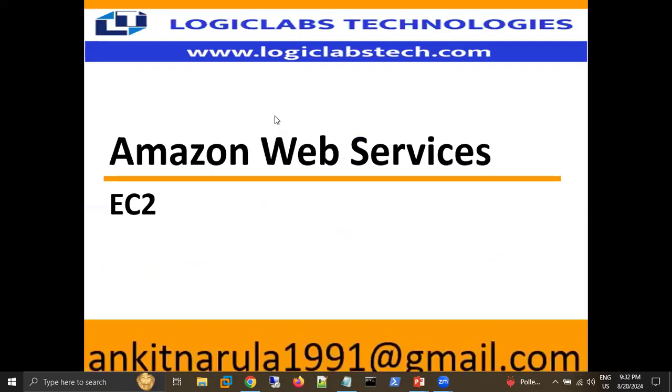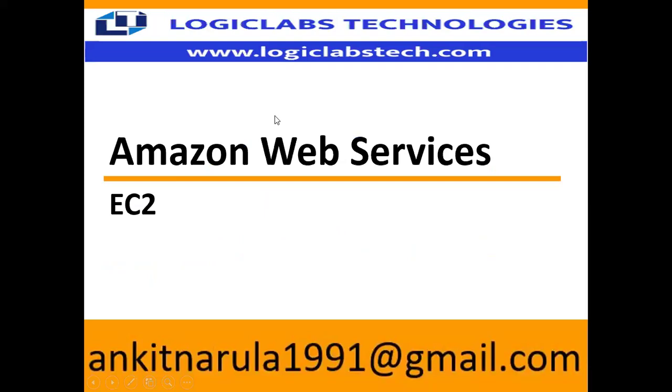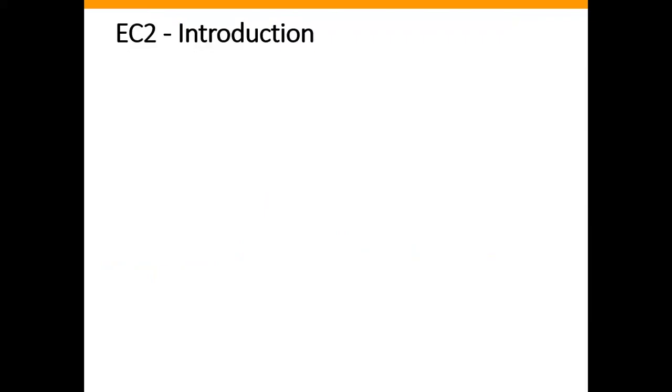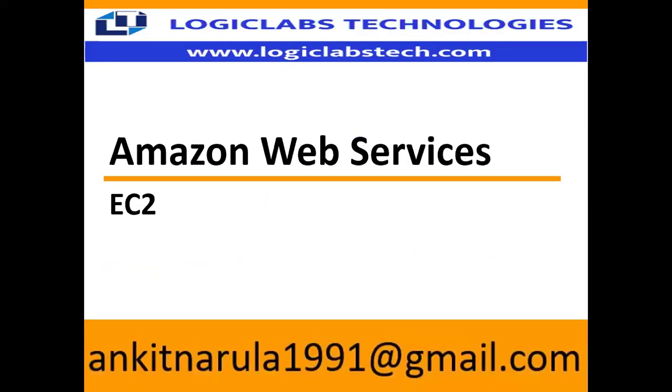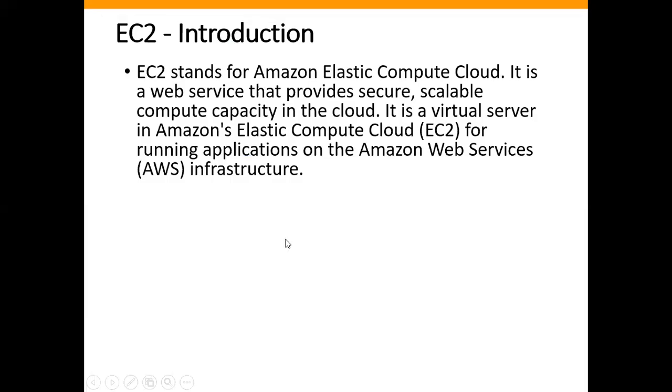So let's start with today's topic, where we are going to learn how to create an EC2 machine. But before that, we need to understand what EC2 is. EC2 stands for Amazon Elastic Compute Cloud. In general language, it is also called a virtual server or a virtual machine.